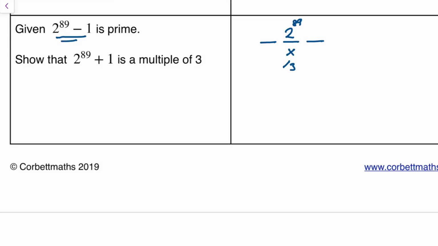It tells me that 2 to the 89 minus 1 is prime, so that is not divisible by 3. So that means it must be the case that this number here, 2 to the 89 plus 1, is divisible by 3.